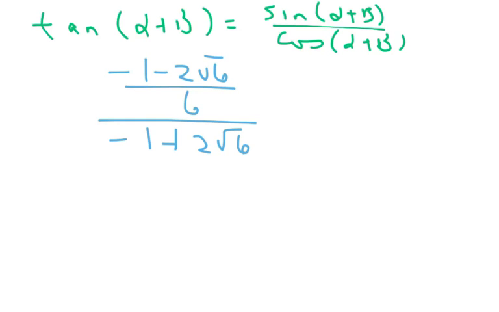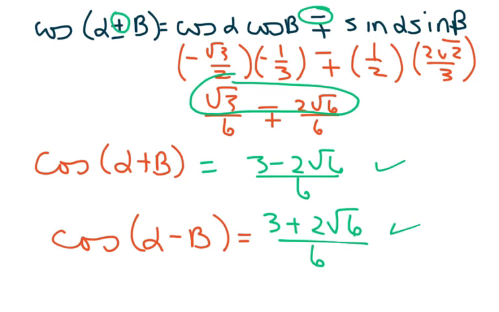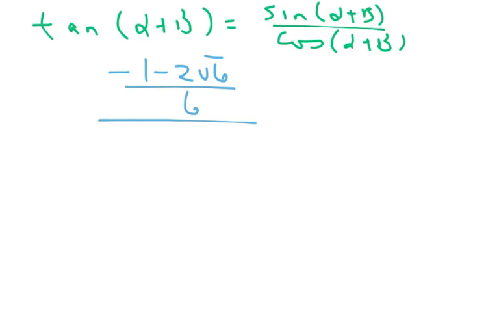Let me see, I'm going to make sure. Okay, I messed up there, so I hope the video's okay. But my cosine of alpha plus beta is 3 minus 2 root 6 over 6.